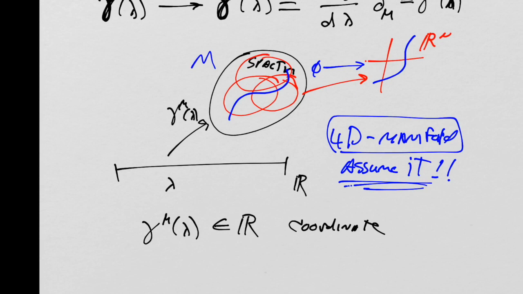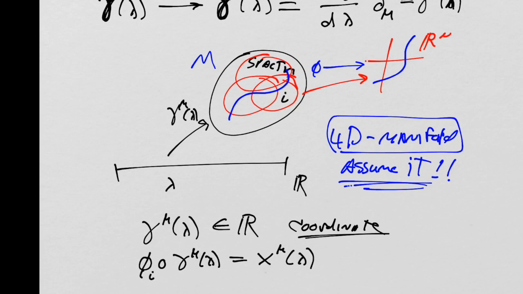Which means, in principle, if we really broke this down, when we're dealing with the coordinates, I would have to literally say phi after gamma mu of lambda equals x mu of lambda. And this would have to be phi i, because each of these regions would be called ui. Each of the charts would be ui.